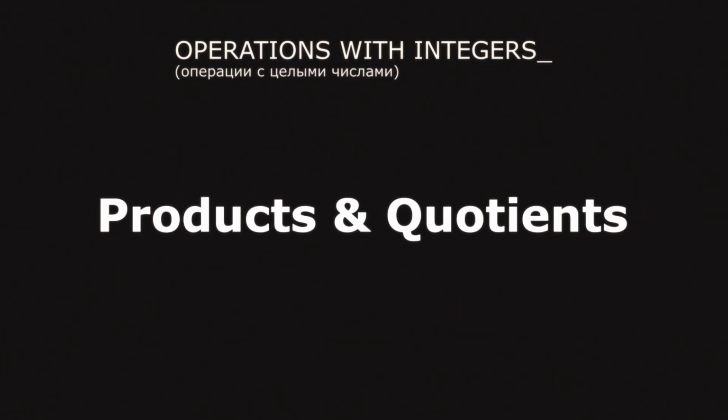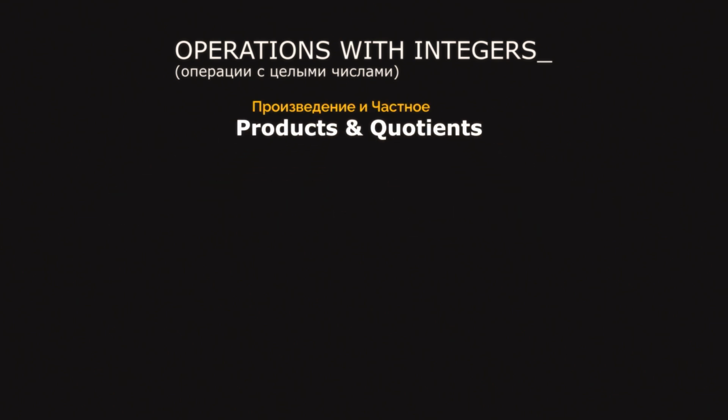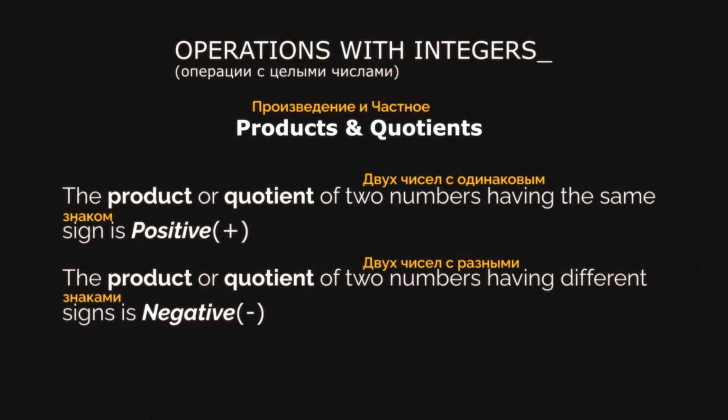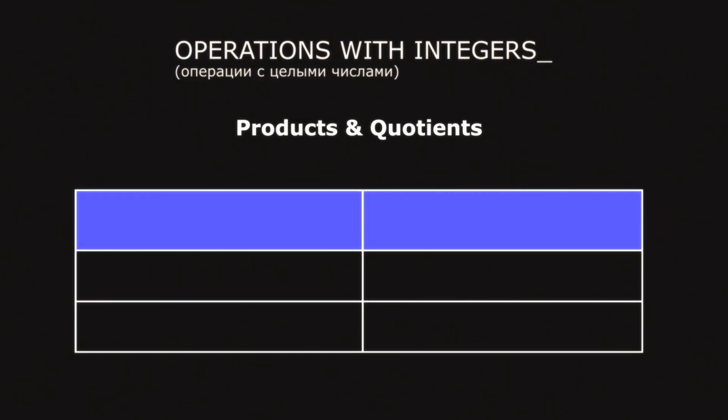Products and quotients. Произведения и частные. Напомню, что произведение — это результат умножения, и частные — это результат деления. The product or quotient of two numbers having the same sign is positive. The product or quotient of two numbers having different signs is negative. Рассмотрим таблицу.